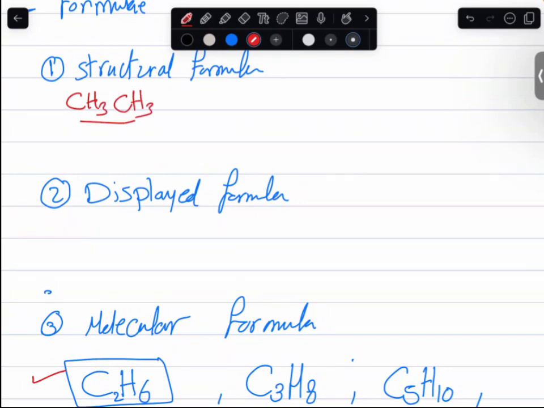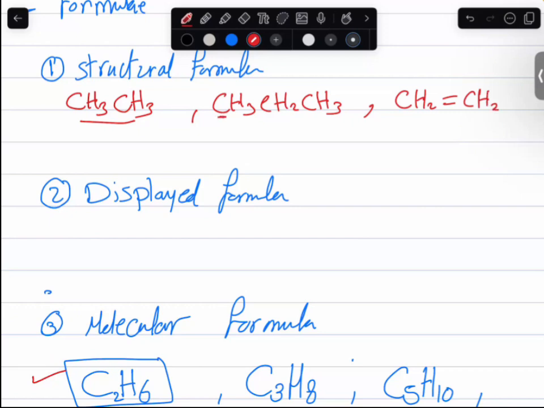This is called the structural formula. We will explain in detail how we write it, but I need you to differentiate between the structural formula and the molecular formula. When we write CH3, CH2, CH3, this is a structural formula. When we have an alkene and we write CH2 double bond CH2, this is a structural formula.